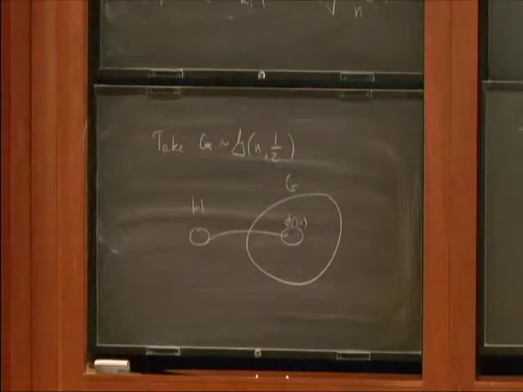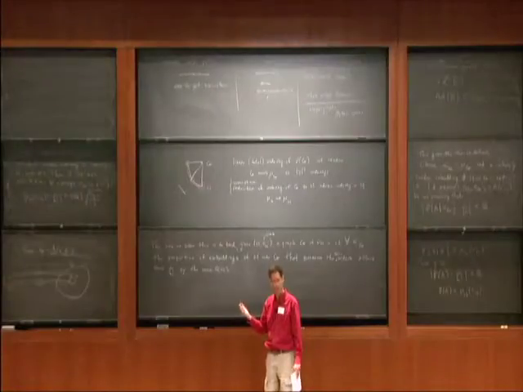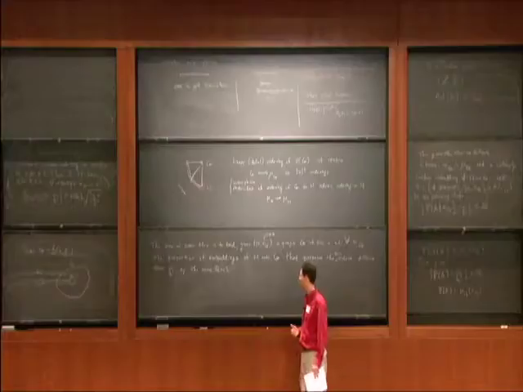And given the orders on G and H, there is 1 over k factorial of the injections that preserve the ordering compared to all. There's only one. So that's where the 1 over k factorial comes from.